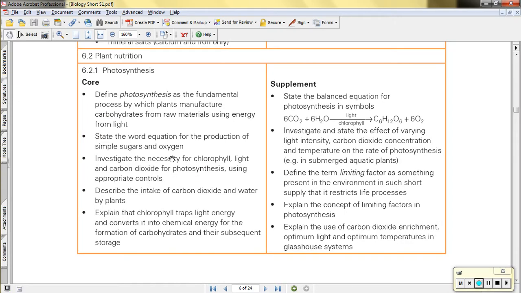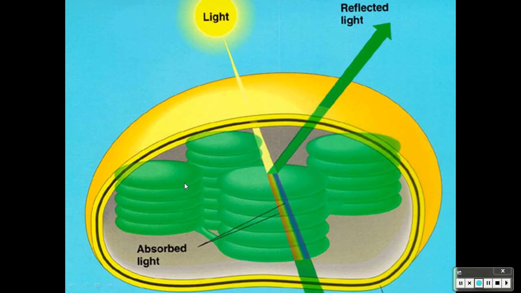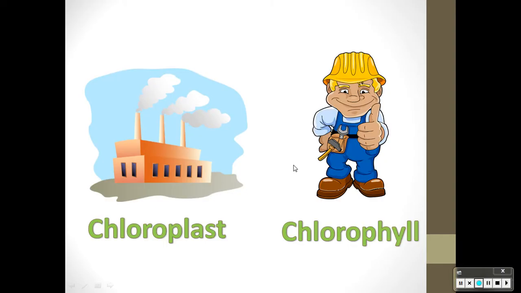Okay? So now they want to talk about how chlorophyll, light intensity, and carbon dioxide affect photosynthesis. Please note, inside of the chloroplast is chlorophyll, and chlorophyll absorbs light, all the colors but green, which is why plants look green; that gets reflected.